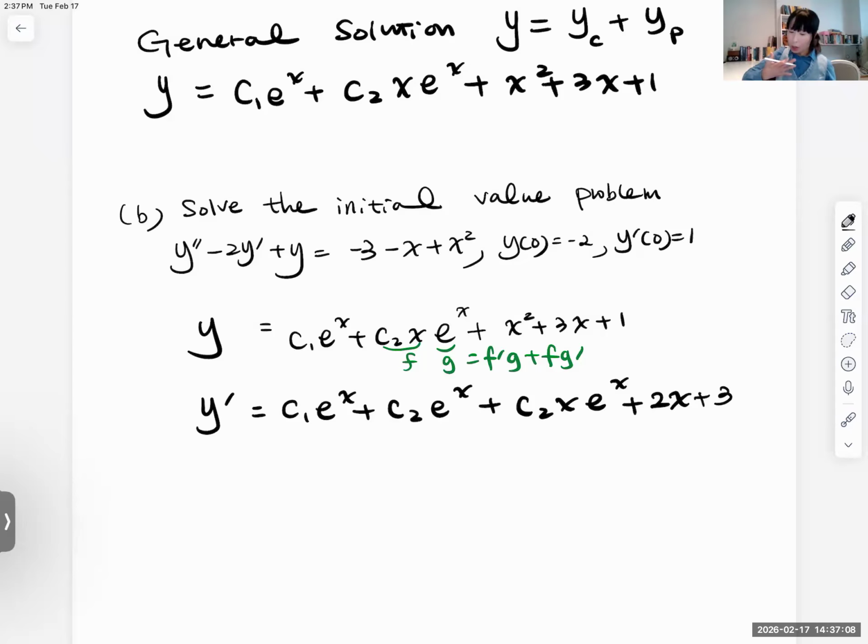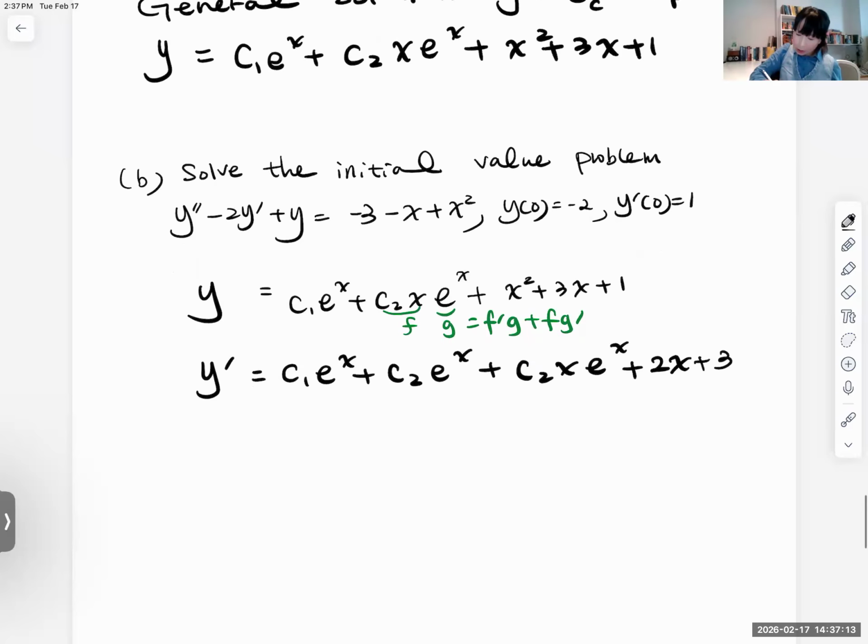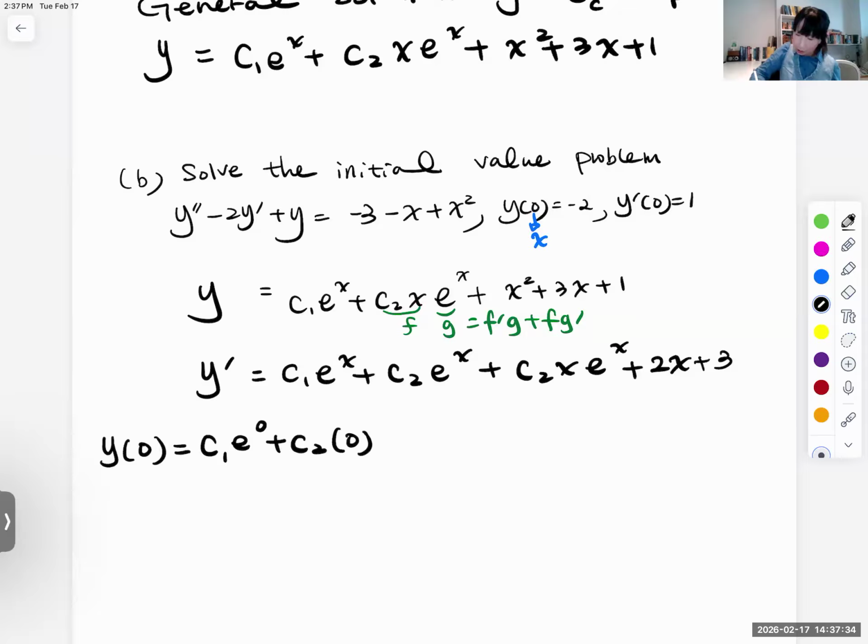All right, then we are using the initial values. So let's substitute the initial value, that is x equal to 0, right? So there will be y of 0 equal to c sub 1 e to the 0 plus c sub 2 times 0 times e to the 0 plus 0 plus 0 plus 1 equal to -2, right?